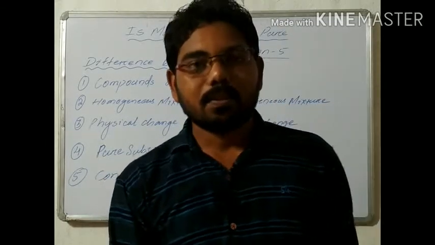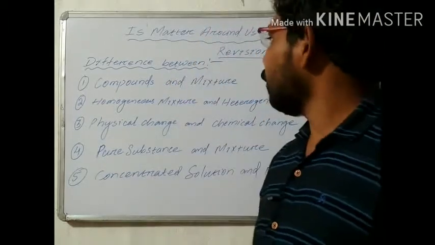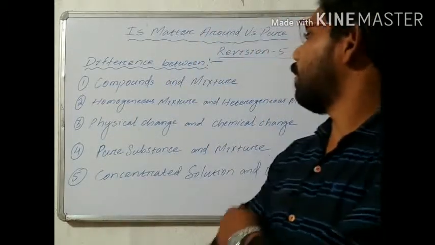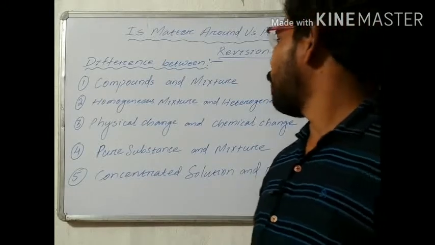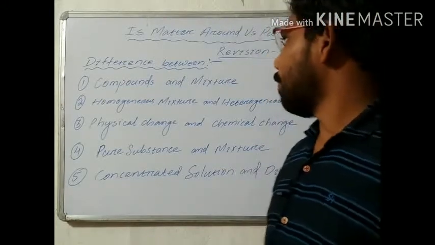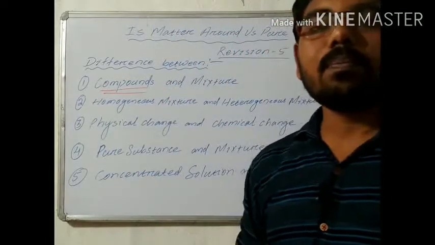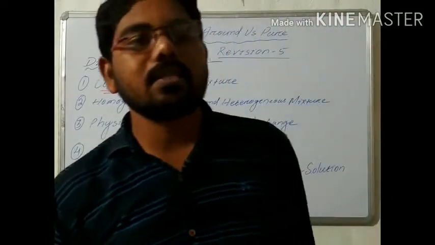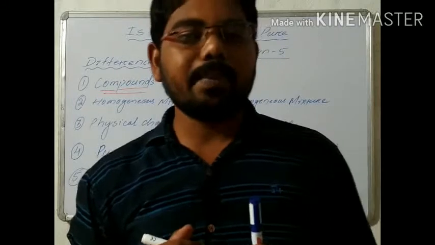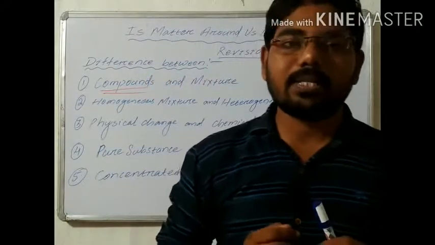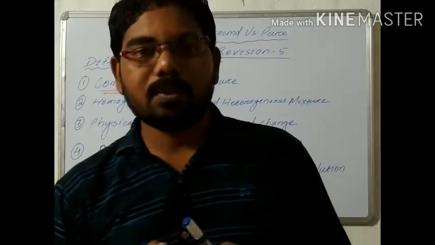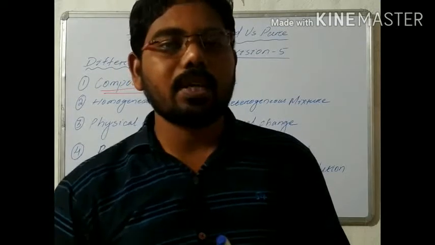So let's start. The first question is: what is the difference between compounds and mixtures? Compounds are formed by combining two or more elements in a definite ratio. The example of a compound is H2O.